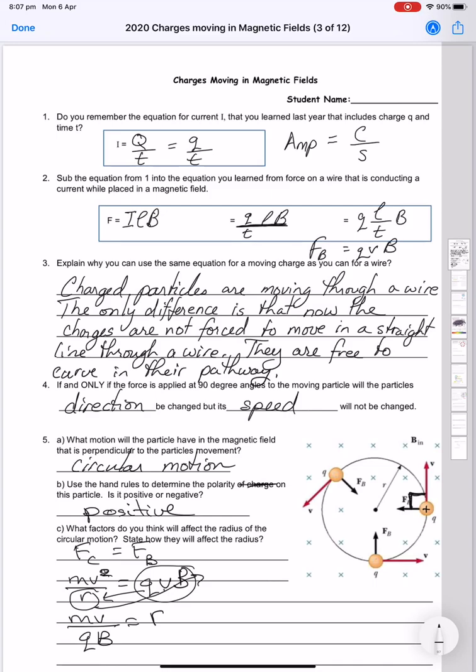And once I have my equation, it becomes really easy to see the relationships that are going on. So I can see that if m increases, my radius is going to increase. If velocity increases, my radius will increase. If my q, the charge, increases, my radius will decrease. And if my magnetic field strength is increasing, my radius will decrease.